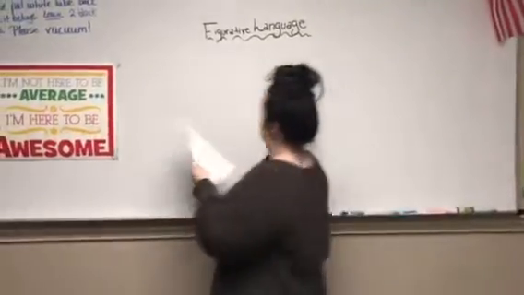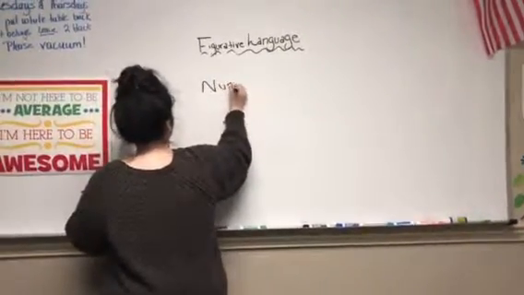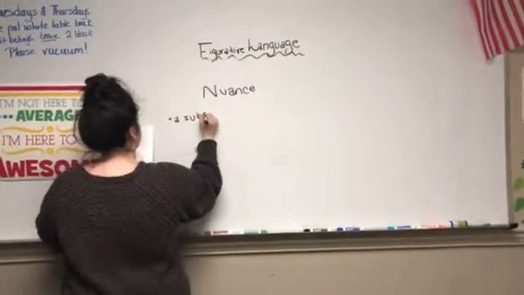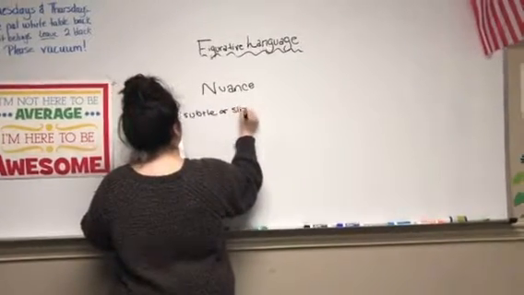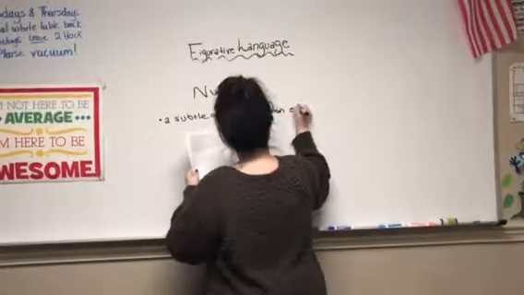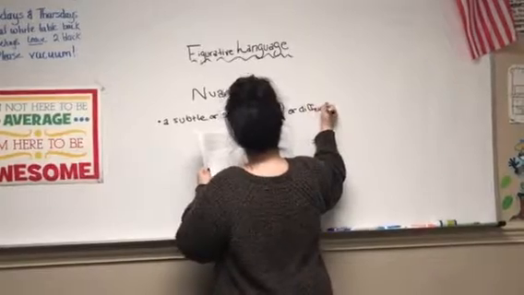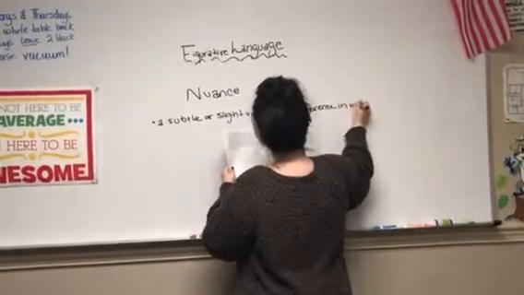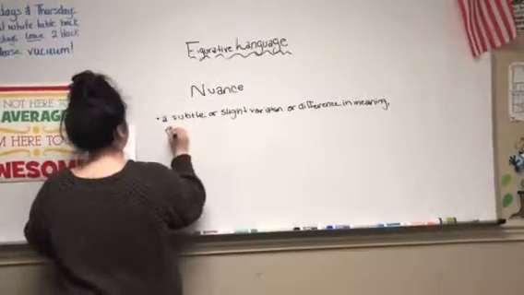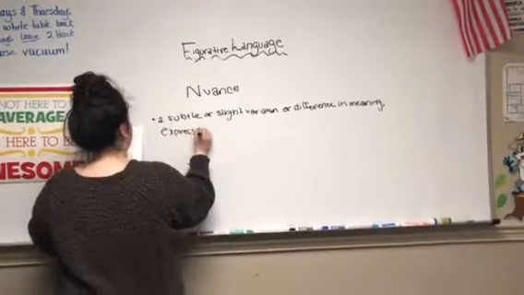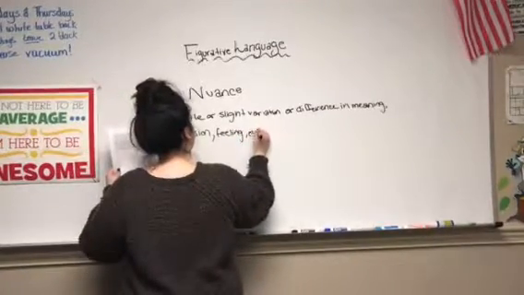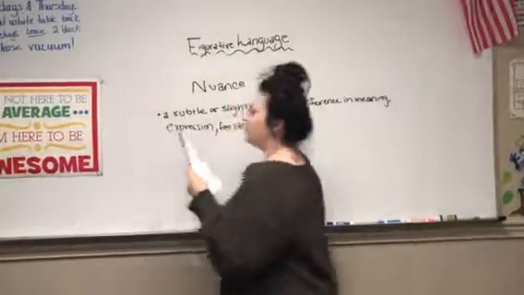So, a nuance is a subtle or slight variation or difference in meaning, expression, feeling, etc. between words. So, sounds pretty simple, right?